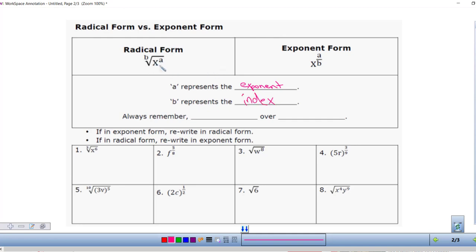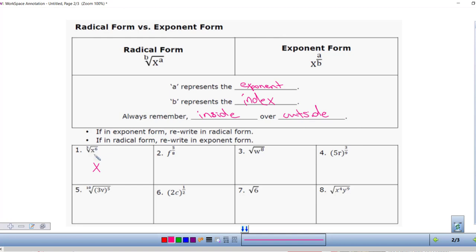When we are looking at changing radical form to a rational exponent, we remember inside over outside. This inside exponent goes on top of the fraction and the outside goes on the bottom. So inside over outside. We will have to go from radical to exponential and exponential to radical. So for example, we have this one down here.